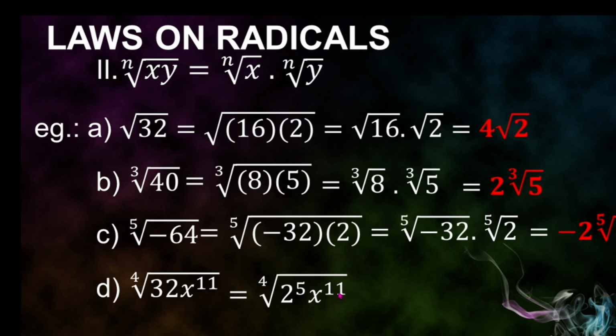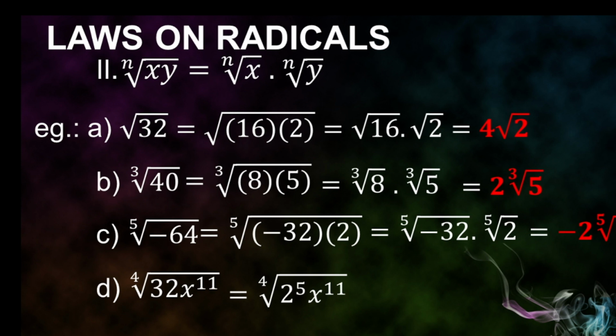Since the exponents of our radicand are greater than the index, factor out the fourth root of 2 raised to 5, x raised to 11 in such a way that one of the factors is a perfect fourth root while the other one is a non-perfect fourth root.